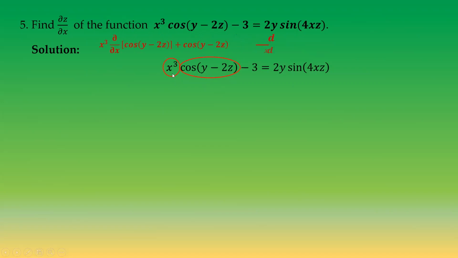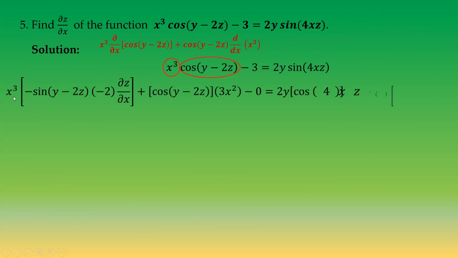Ibig sabihin niya ay x cube, derivative tayo ng cosine of y minus 2z, plus cosine y minus 2z, derivative of x cube. Then we have x cube. So, ang derivative ng cosine u ay negative sine u du.